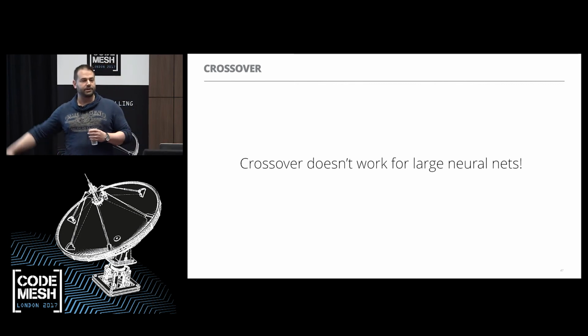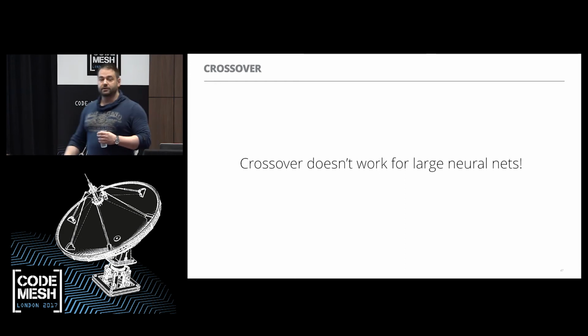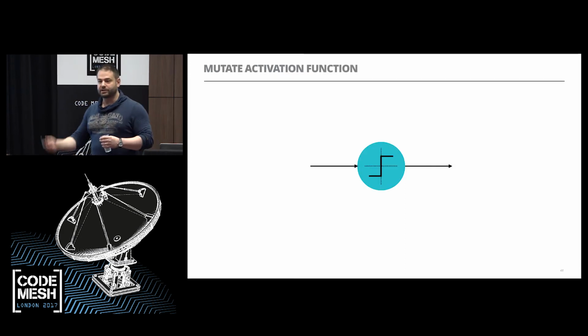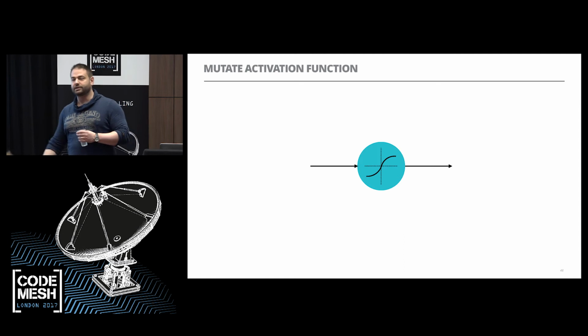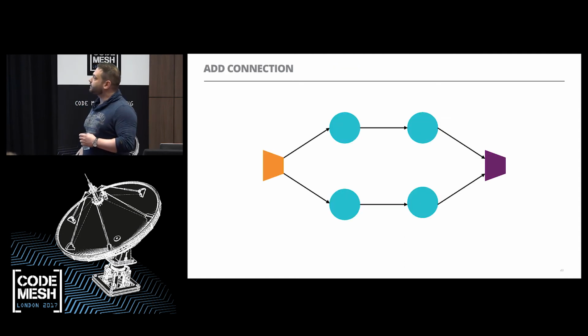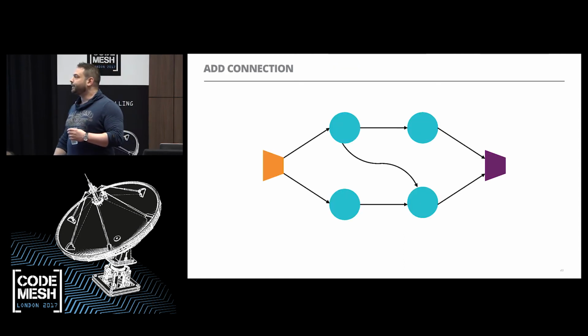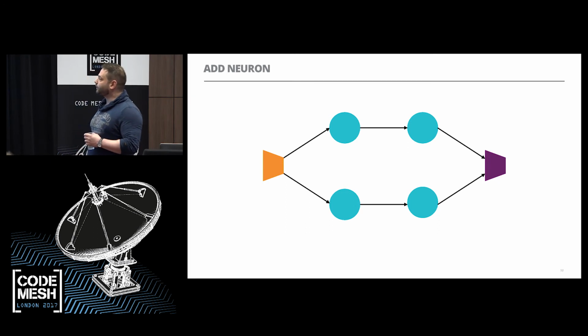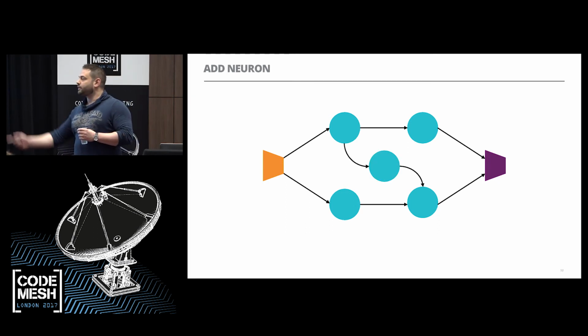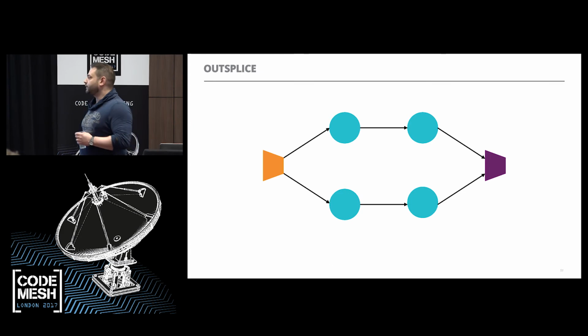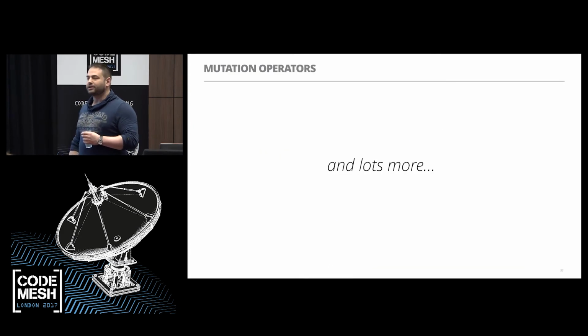There's actually a whole bunch of mutations that we can do to a neural network. We can mutate the activation function, right? That doesn't need to be differentiable anymore. We can have every neuron have a different activation function, so we can change that one. We can add connections. We can add neurons. We can do something called outsplicing, so kind of removing a line and adding a neuron in between. And tons and tons more, right?